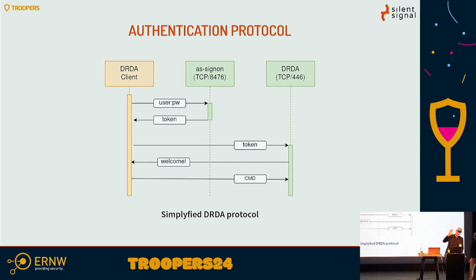The client sends authentication information to the sign-on service. The sign-on service sends back some kind of token after successful authentication, and then the client uses this token to re-authenticate to the DRDA service, and after that the client is capable of sending commands.